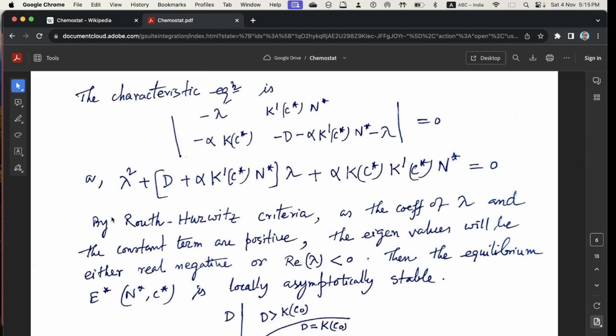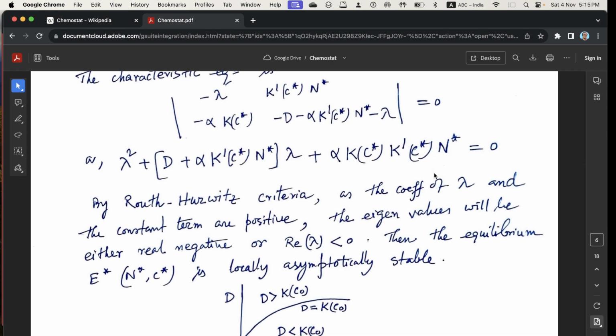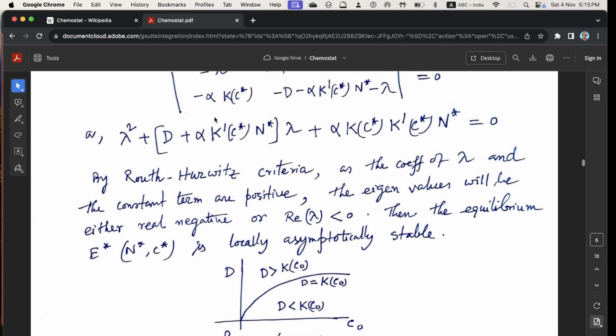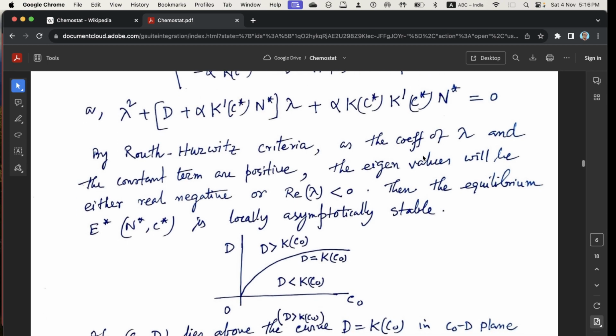This is a quadratic in lambda, that is lambda squared plus this lambda plus something equal to 0. By the Routh-Hurwitz criteria, as the coefficient of lambda and the constant term are positive, the eigenvalues will be either real negative or complex with real part less than 0. Then the equilibrium E star is locally asymptotically stable if this coefficient of lambda and this constant term are positive.